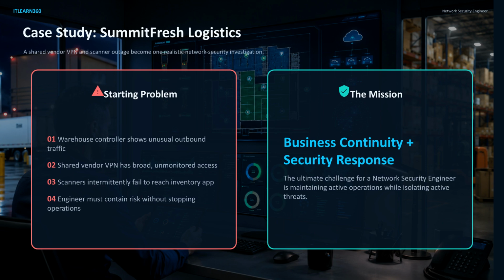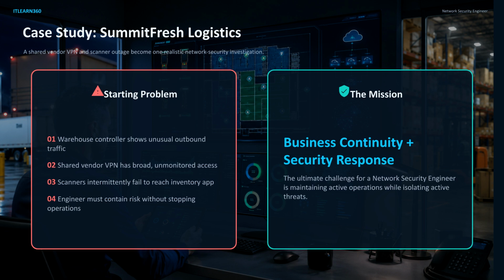At the same time, scanners used by warehouse staff intermittently fail to reach the cloud inventory application. The engineer must reduce the security risk without creating a larger operational outage. That means identifying what traffic is expected, who should have access, where the path is failing, and what evidence supports a containment decision. Instead of treating these as three unrelated tickets, we will connect them into one investigation.